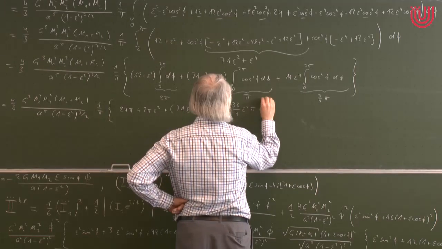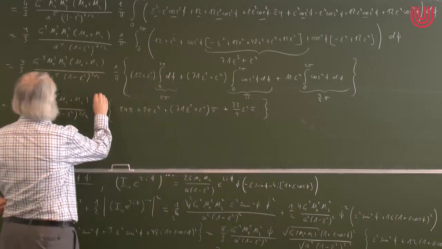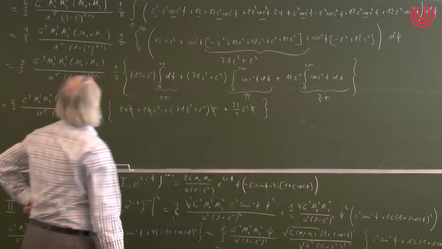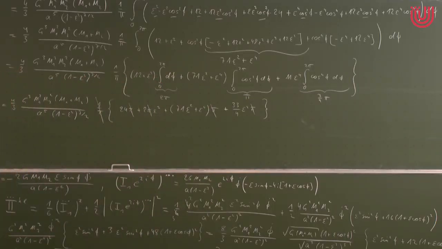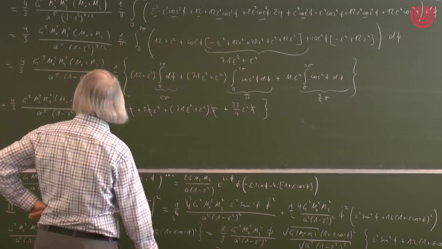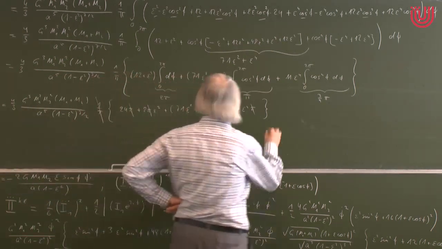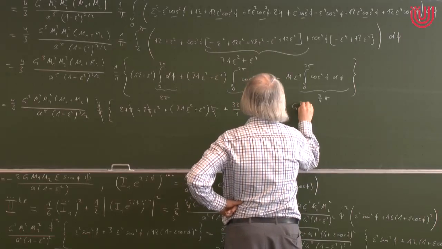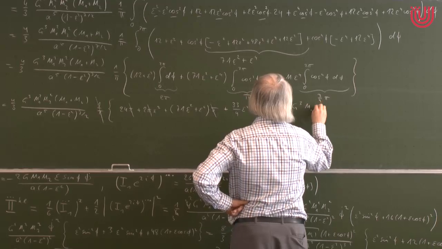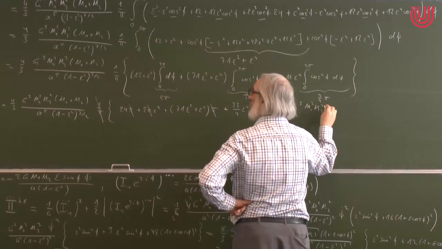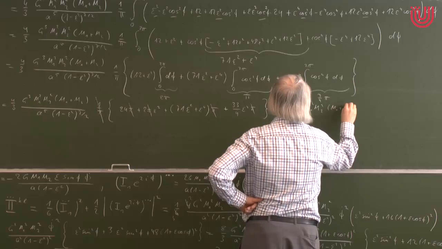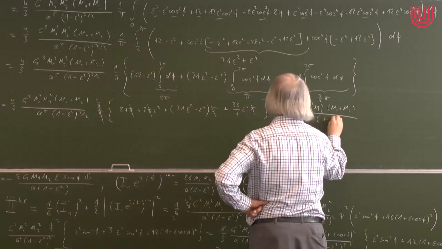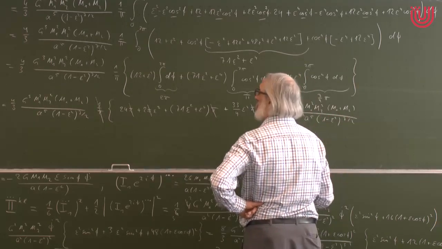Epsilon to the 4 pi. Okay, the factors of pi go away. And then I have terms with epsilon squared and terms with epsilon to the 4, and that's our final result. I think I can write it here. 4/3 G^3 M1 squared M2 squared M1 plus M2 divided by a to the 5, 1 minus epsilon squared, 7/2.